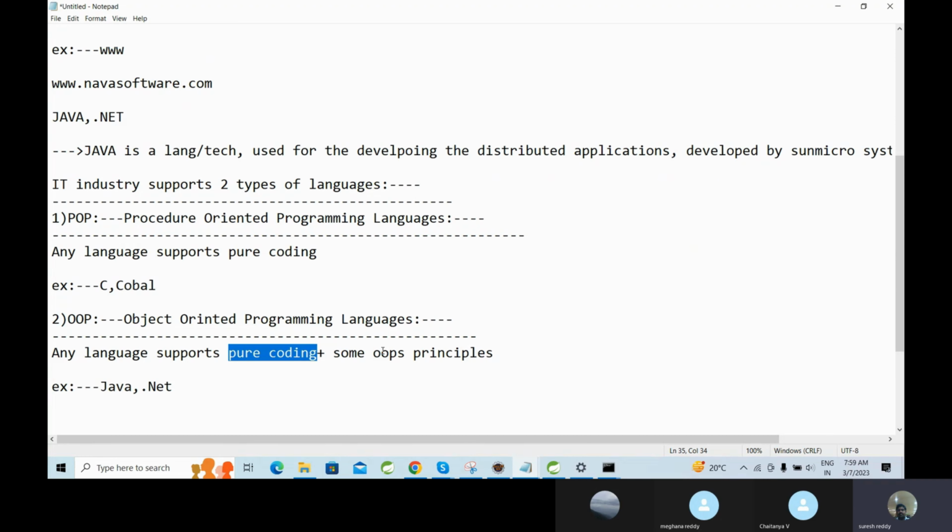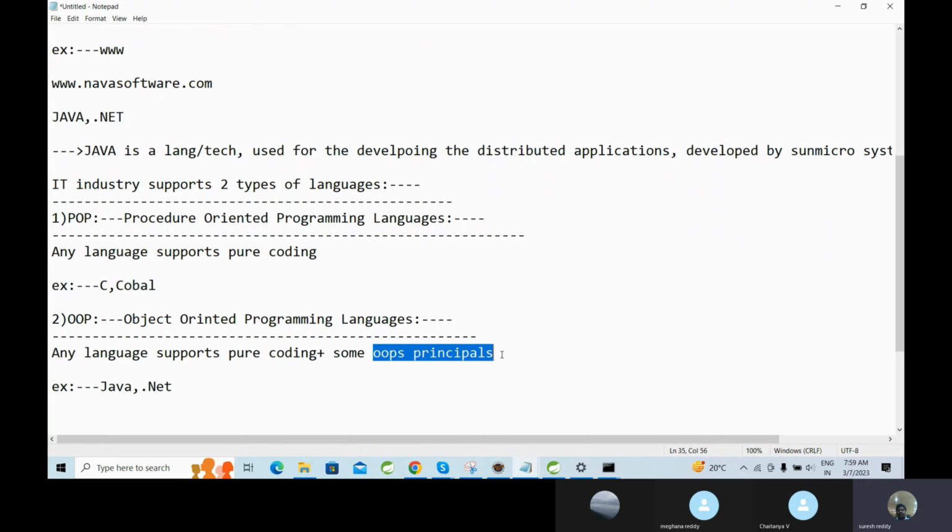These OOPS principles are very, very important, guys. Put a heading: OOPS principles.